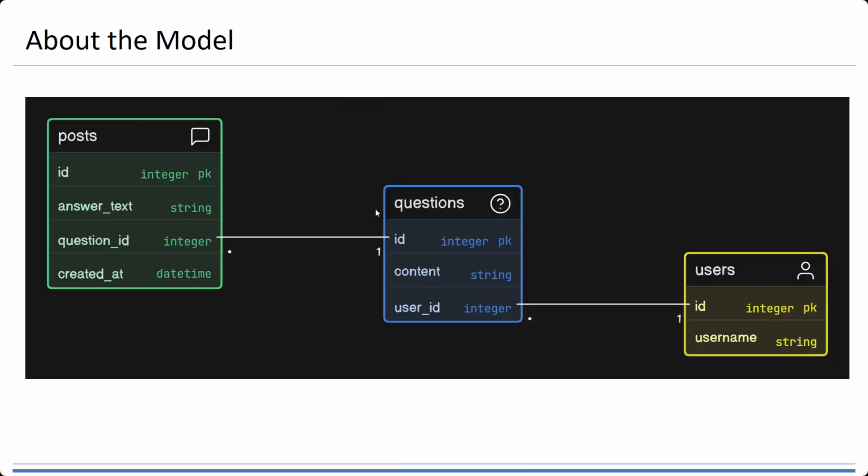Now there are so many tools for you to create this kind of model. You can use any tool online on the website, or there are also many open source tools to create this kind of model.